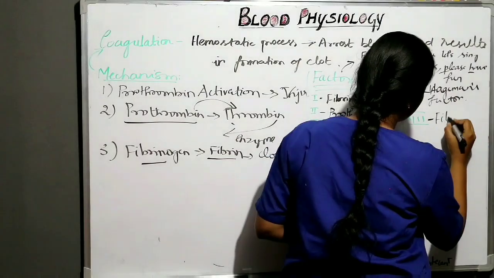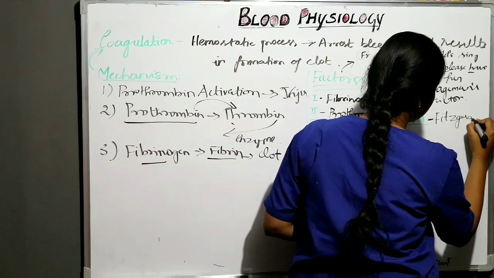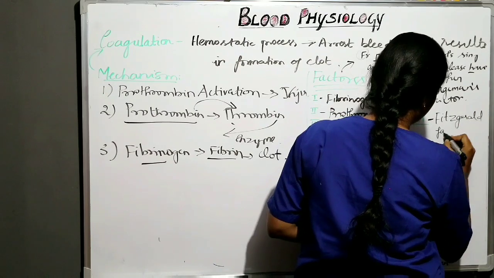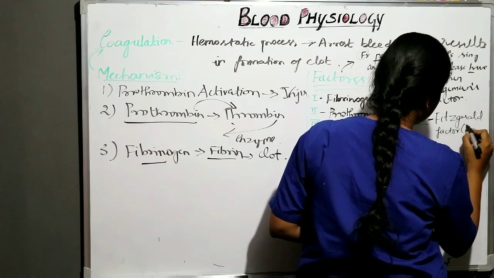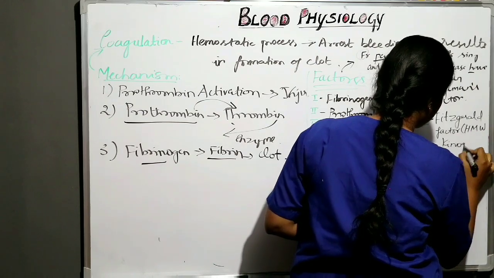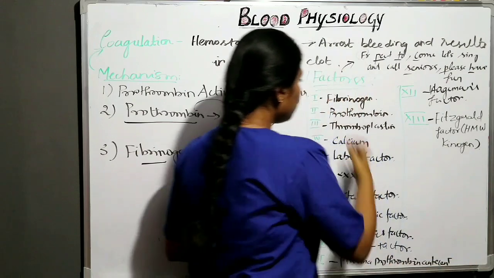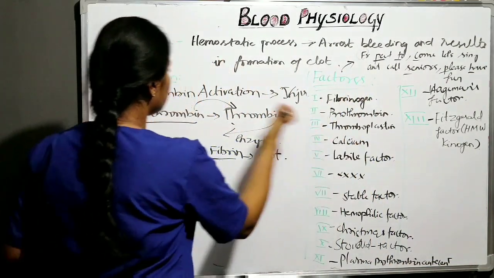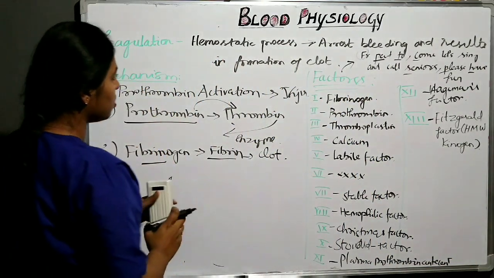The 13th one is Fitzgerald factor, that is high molecular weight kininogen. So these are the 13 factors which are responsible for coagulation.